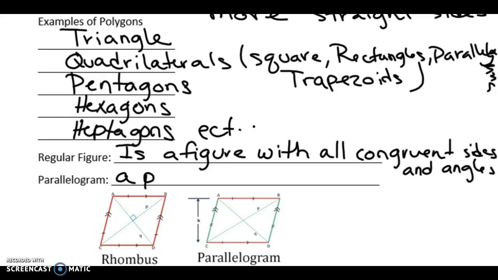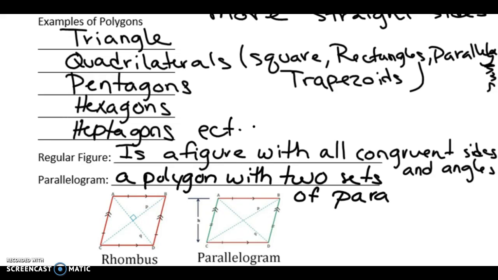Parallelograms are a polygon with 2 sets of parallel sides and 2 sets of congruent sides.